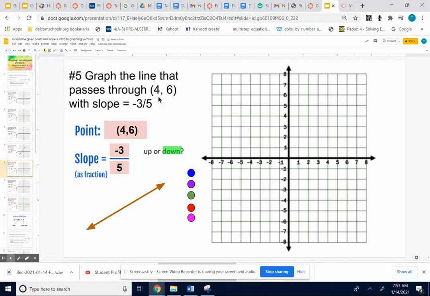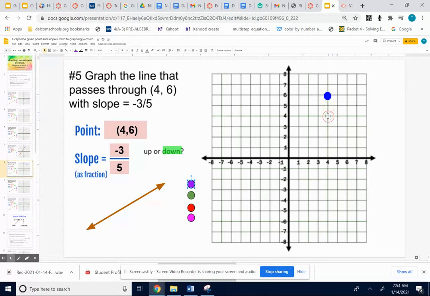Okay, so now the graphing. Find (4, 6). Take a point, go over to 4, and then until you're across from 6 on the y-axis. Right there. Then my slope is -3 over 5, so from there I'm going to go down 3, right 5.